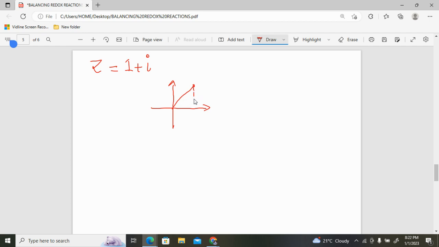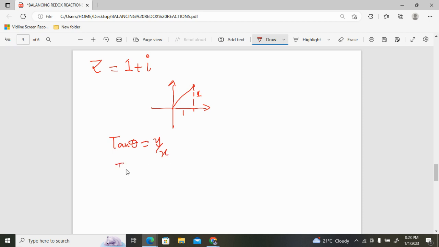Where the x coordinate, we can see it is this one, which is a 1. Then the y coordinate is just the number in front of i. What number is in front of i? It is also a 1. So to find the argument, you are going to say tan theta is given by y over x.